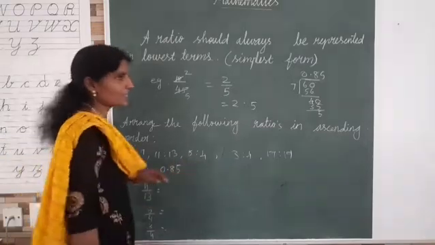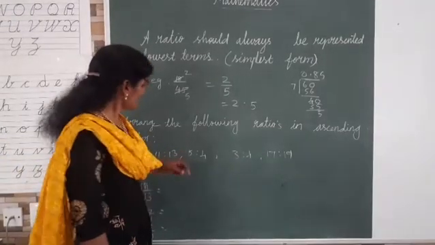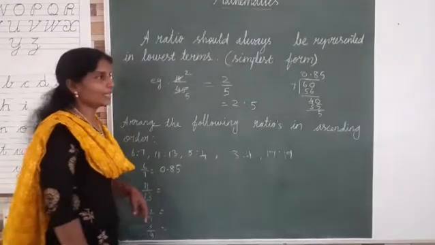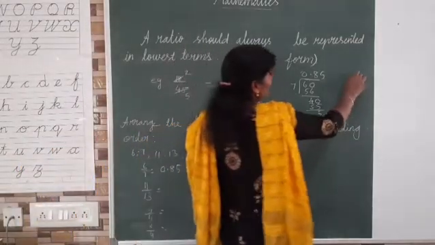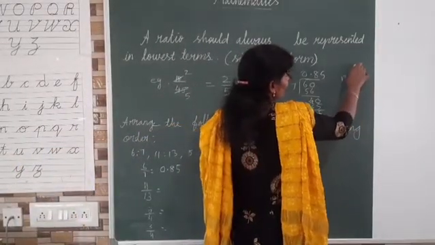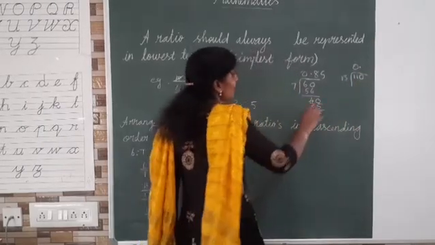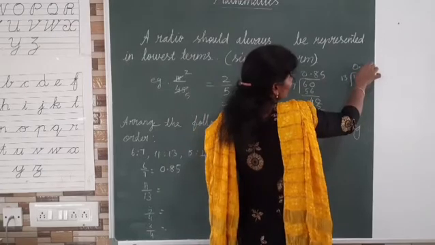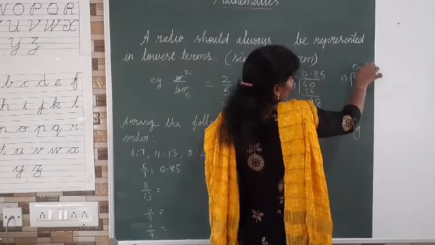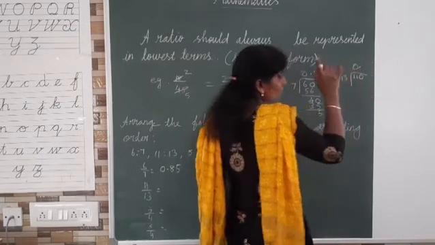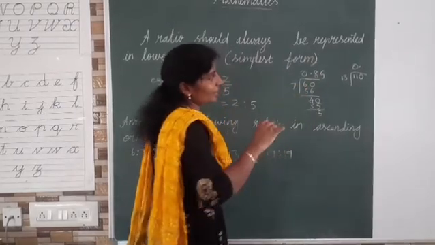0.85. Then 11 by 13. Now we divide 11 by 13. Here also 0 point, we add one 0. 9 3s are 27, balance 2, we get 117.